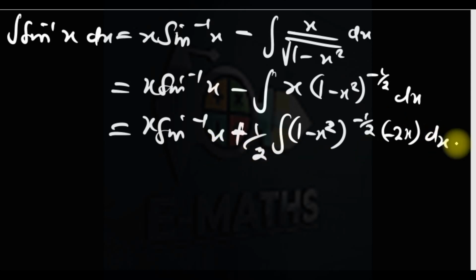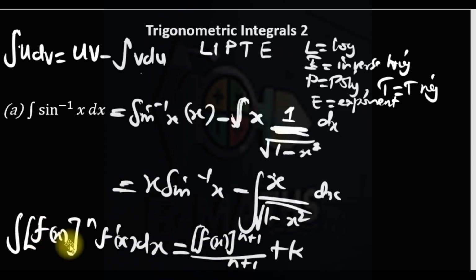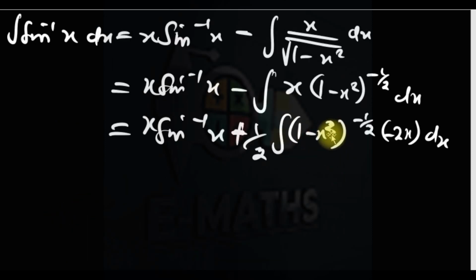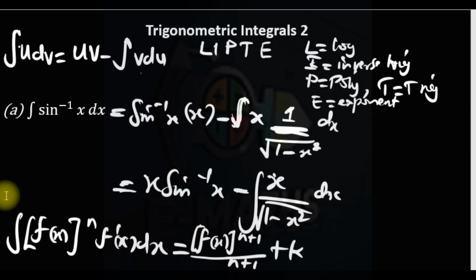Have you seen it? Plus times minus, I have minus. So I have this form now. My f(x) is 1 minus x squared, and the power is minus half. Just compare. You see it, because this is the derivative of this. So my n is minus half. My f(x) is 1 minus x squared, while f prime of x is minus 2x there.